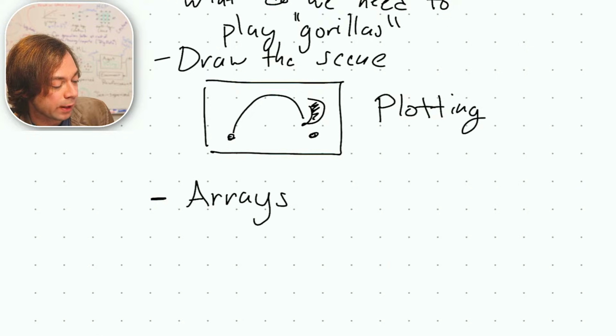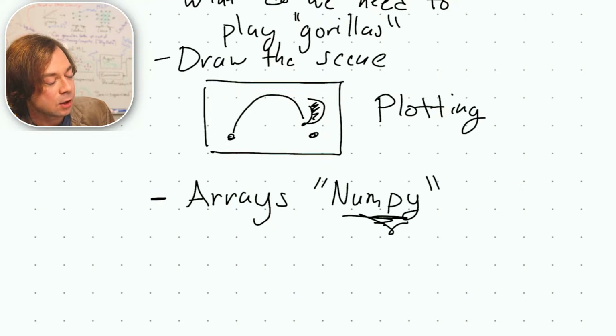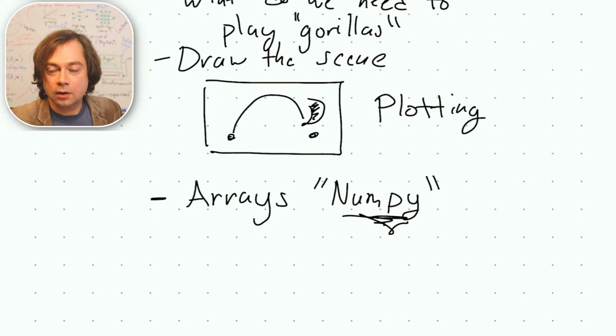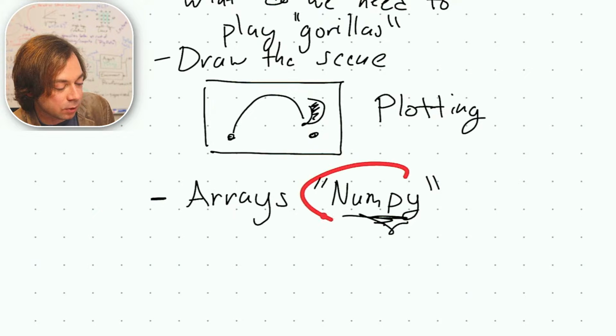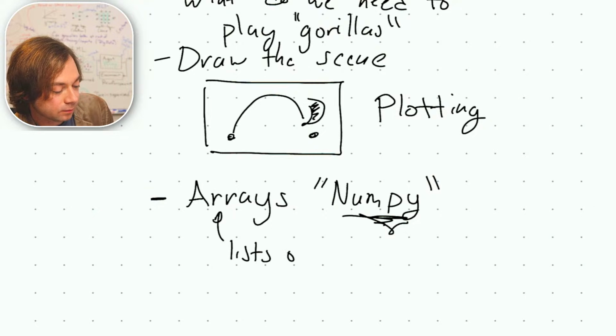The kind of arrays we're going to be using are in a package called NumPy, or numerical Python. It's a quintessential package. We'll use commands in this package to create arrays, and arrays are just lists of numbers. You have to have those.